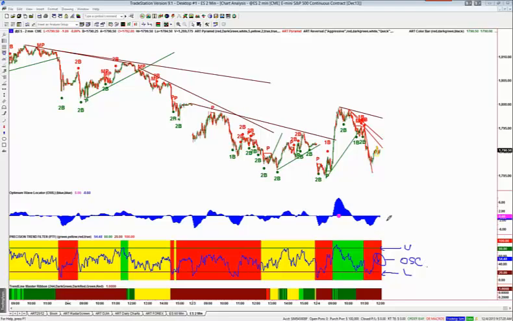Obviously, what we look for is penetrations here, Bill, between the upper and lower. Here, notice we got lower here. That happened on this price bar here, when it went down. See, it went from here down to here.